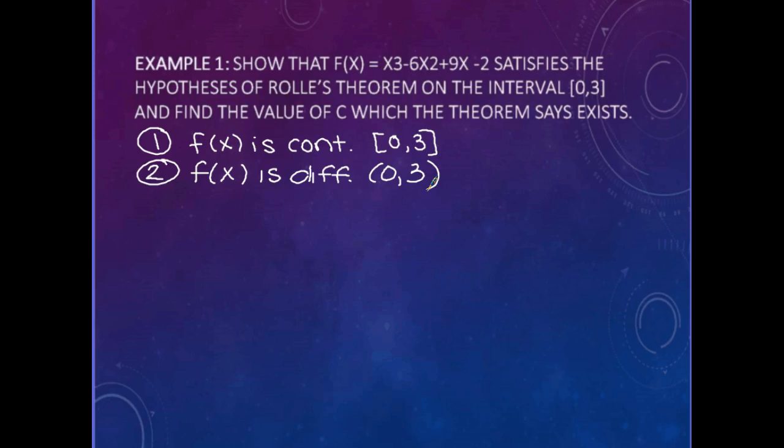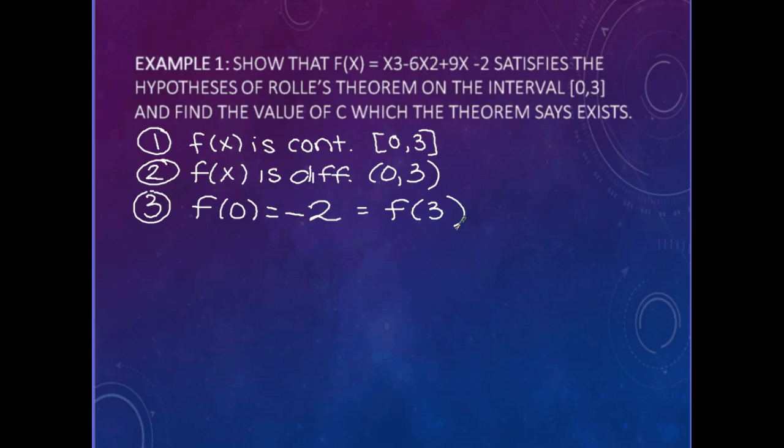What's the last part that we need to prove? I need to prove that f of 0, which is negative 2, also equals f of 3. So f of 3 cubed is 27.